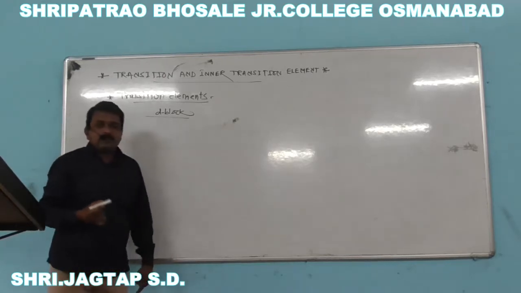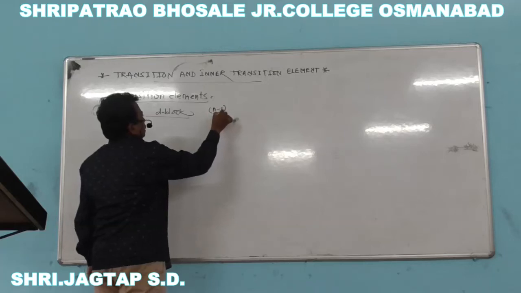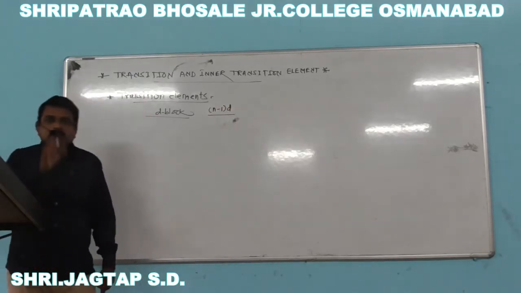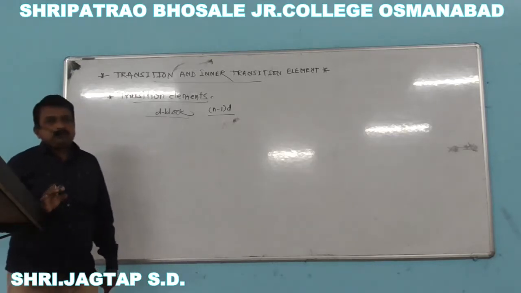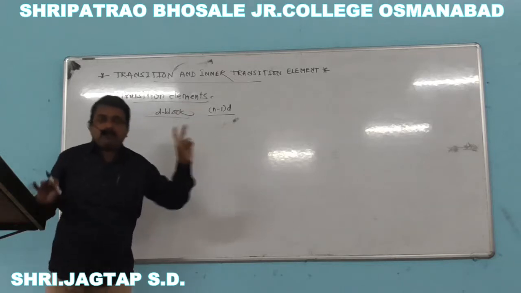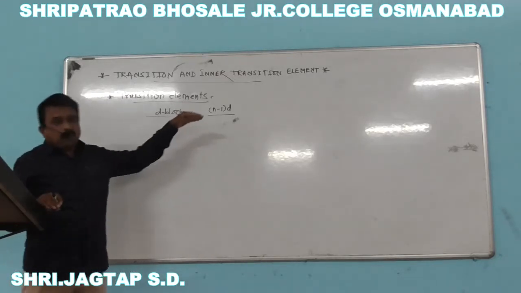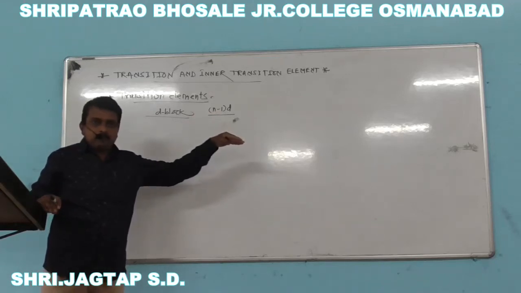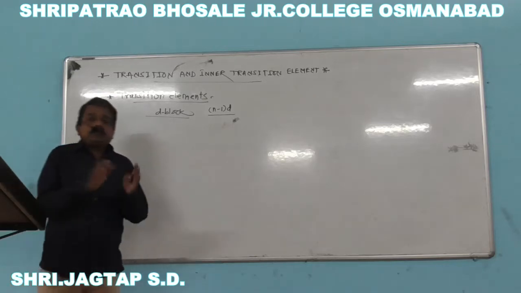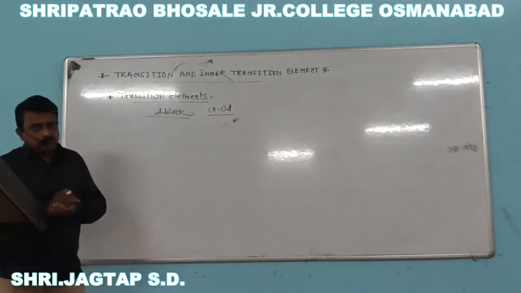The transition metal atom has the n minus 1 d orbital partially filled. That is, transition metal atoms have a partially filled d orbital, and they exhibit properties between s block elements and p block elements.